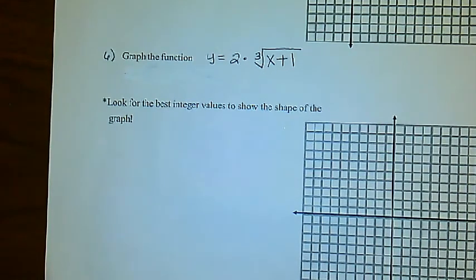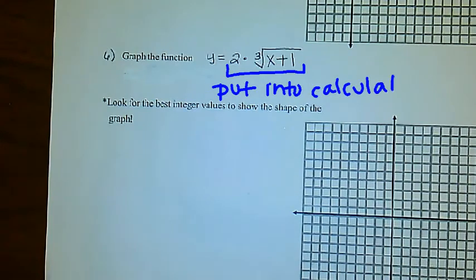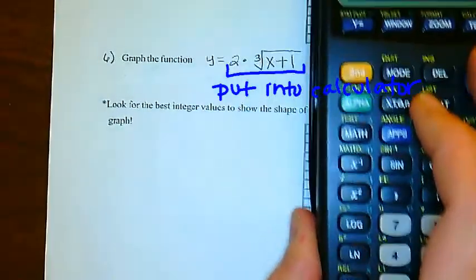So again, put this into your calculator. Okay, so you're going to type in 2 first and then hit this. Okay, so I'm just going to show you how to put that in your calculator.